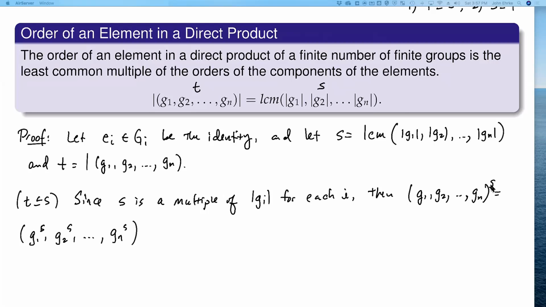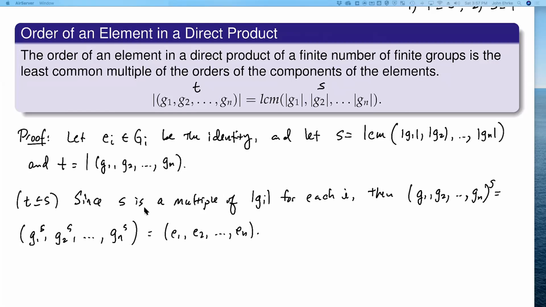But since s is a multiple of the order of these things, if I raise any of these individual elements to s, all I produce is the identity. So this is simply going to be e_1, e_2, up through e_n.